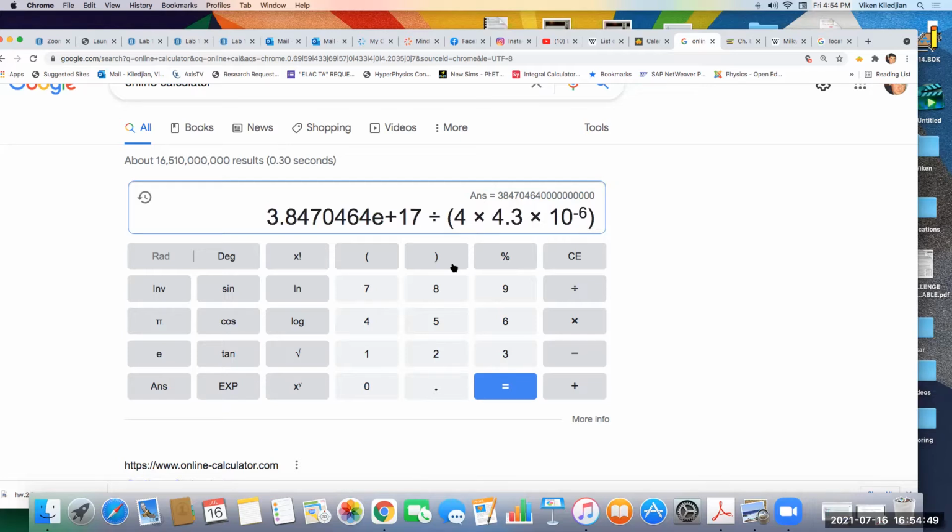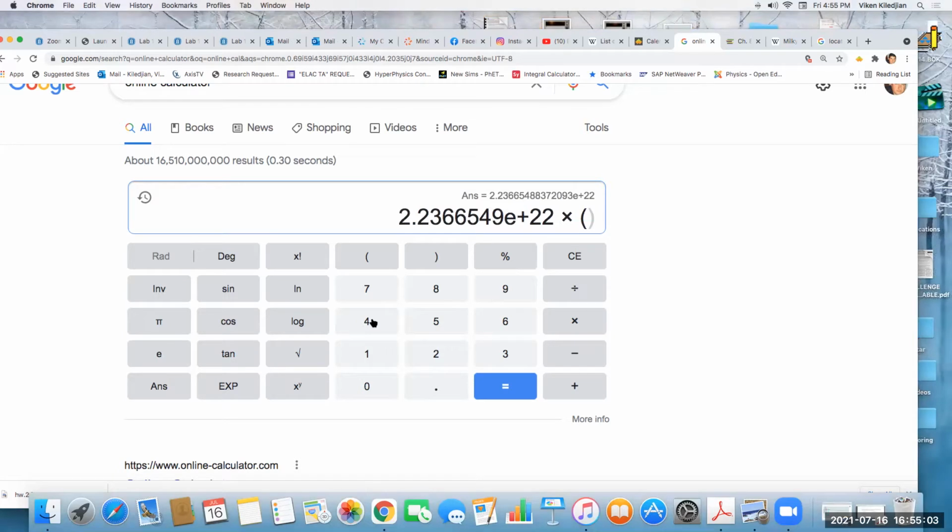Divide that by 4 times 4.3 times, okay, now all that times, what is that, 4.82 times 2.73, right, divided by 4.82 minus 2.73.